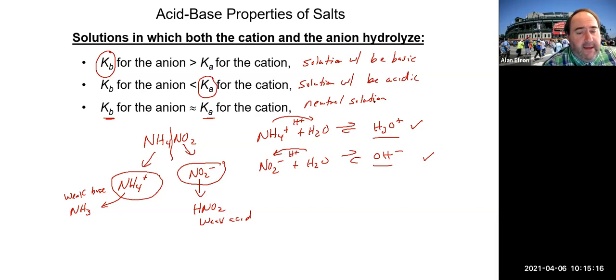Any questions on that? And again, we didn't have to worry about that in the few examples that we did previously, because only one part of the salt would go through hydrolysis. So again, like in the previous example, only the CN minus went through hydrolysis. The sodium was neutral, so you didn't have to worry about that. Any questions on what to do if there are multiple ions going through hydrolysis at once?